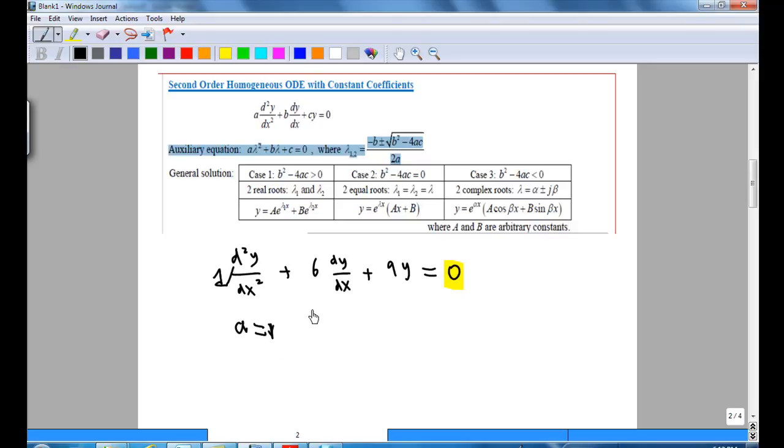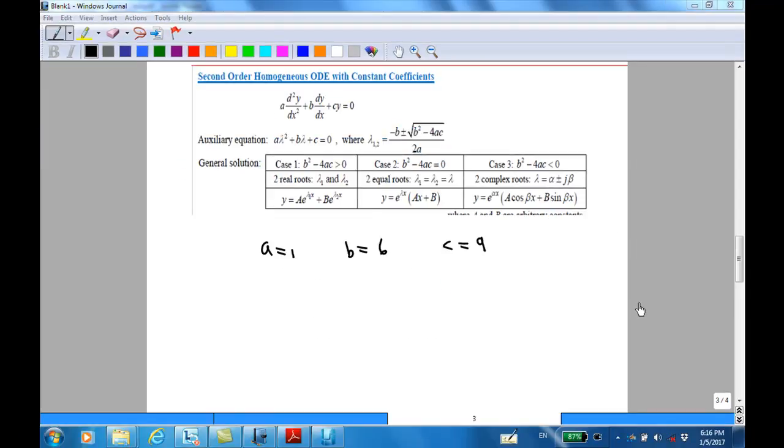B is equal to 6 and C is equal to 9, by comparing the coefficients of d²y/dx², dy/dx, and y. So we know A is 1, B is 6, C is 9.